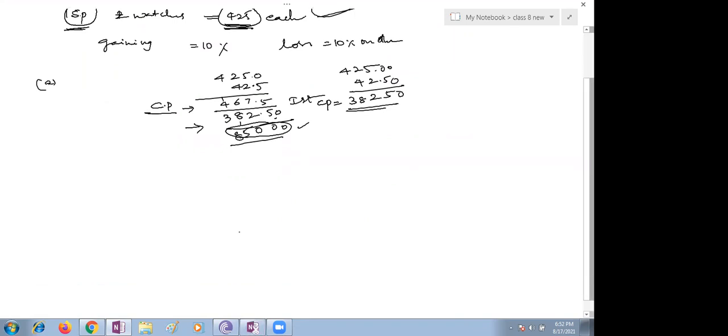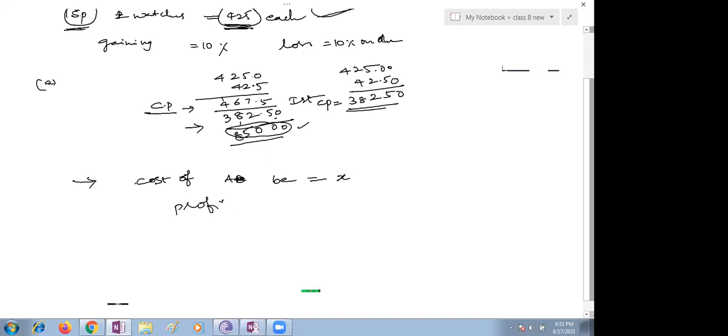Okay, Arels, please tell what are the steps given? Let the cost price of watch A be X. Okay, first watch is X. Profit is 10%.